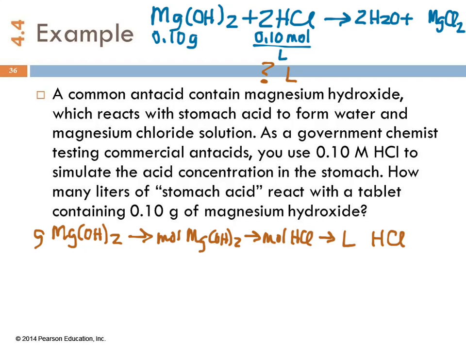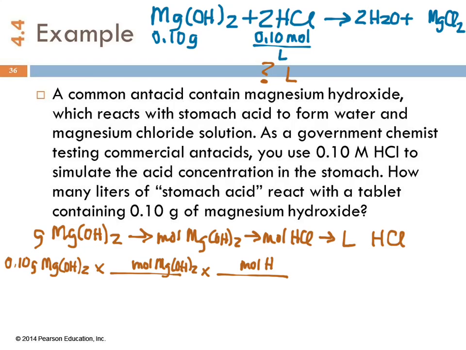From here, we follow our pattern of dimensional analysis to write out the whole big equation with the units. So I've got 0.10 grams of this guy times, we're going to have moles of that guy on top, times moles of HCl on top. We're just following our path.